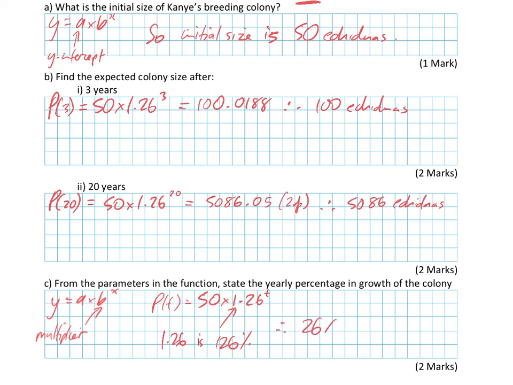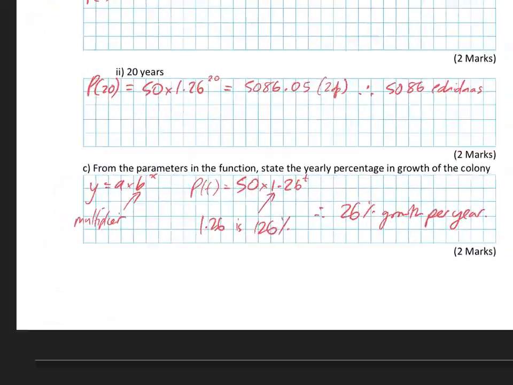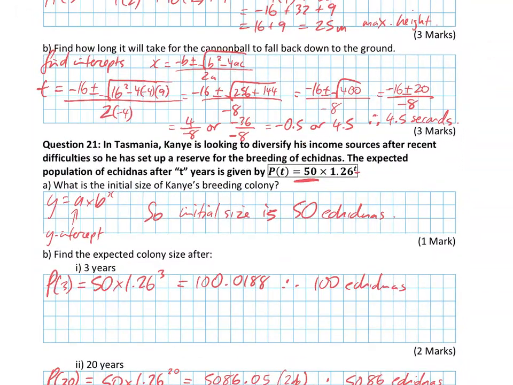Therefore, 26% growth per year. Every year it's 126% of itself, or 126% of what it was previously. So it must be growing by 26% each year. That's page 10 done.